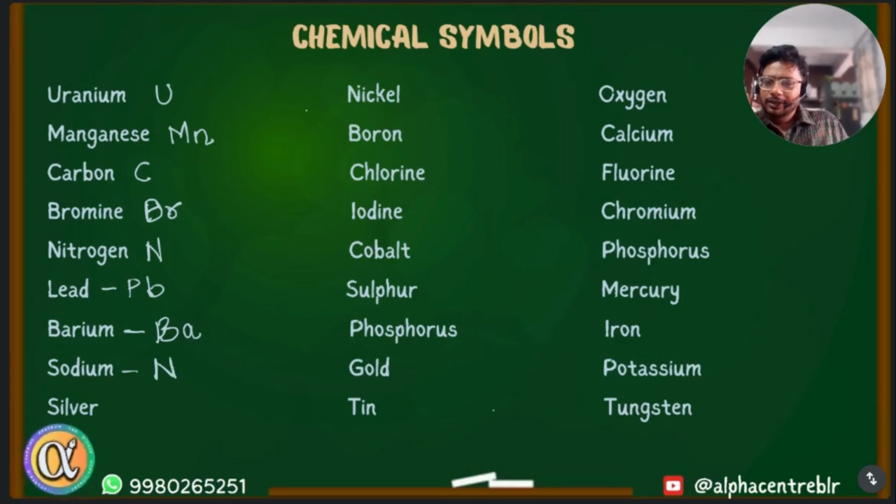Very good. Silver, Mona, what is the symbol for silver? Ag. Okay, nickel. Mana wants to answer. Mana, what is nickel? Ni. Very good. Next is boron. Yashasvi, what is the symbol for boron?